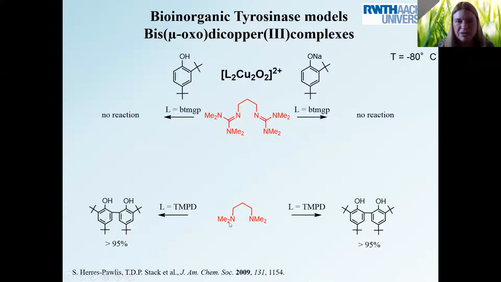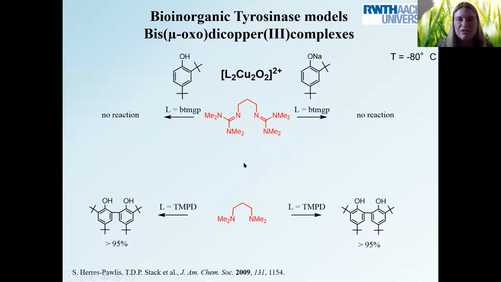If you use the same kind of donor, but with diamine, so for example, again, the propylene backbone is shown here, then if you take, for example, again, the phenolates, you make a CC coupling. So this seems to be some outer sphere reactivity, just the radical CC coupling. And if you use, again, the phenols, you obtain as well the CC coupling.